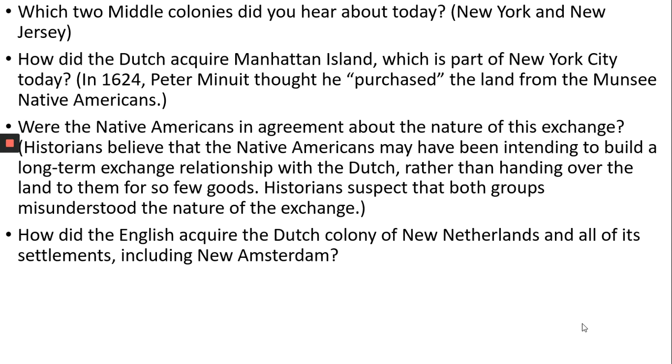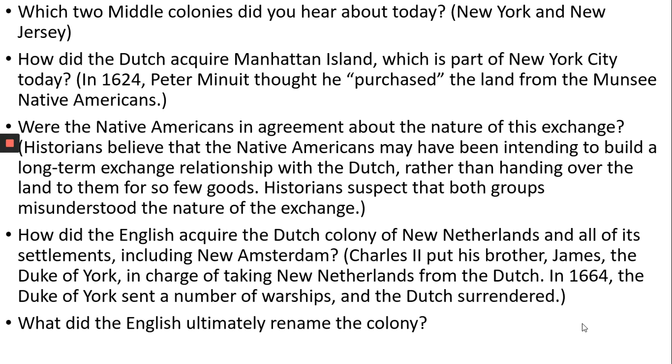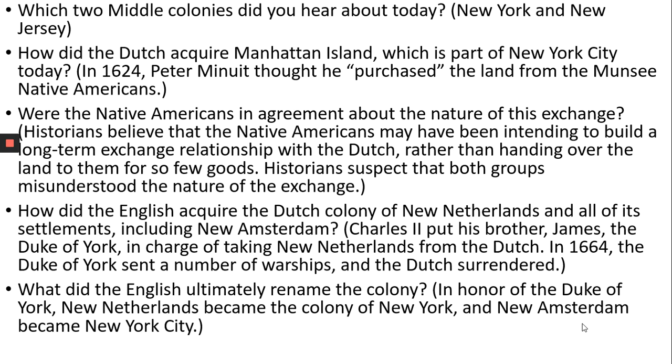How did the English acquire the Dutch colony in New Netherland? Charles II put his brother James, the Duke of York, in charge of taking the Netherlands from the Dutch. And, of course, it wasn't hard to see all the warships and say, we don't like the guy that is currently in charge, so sure, he can rule us. Anyway, let's keep going.